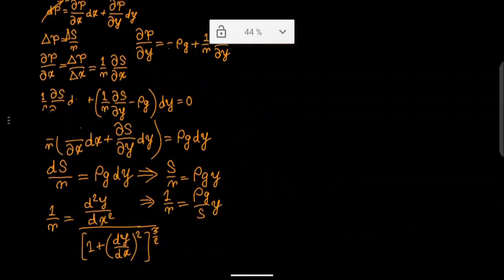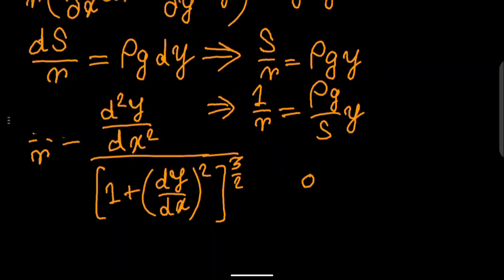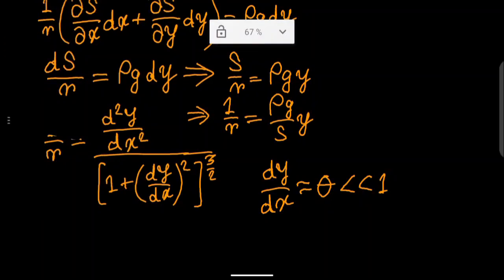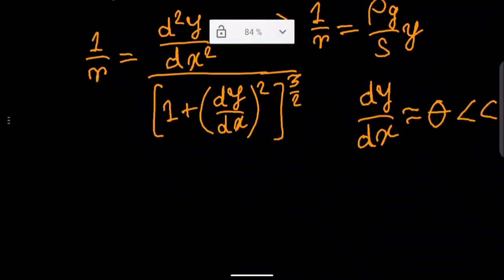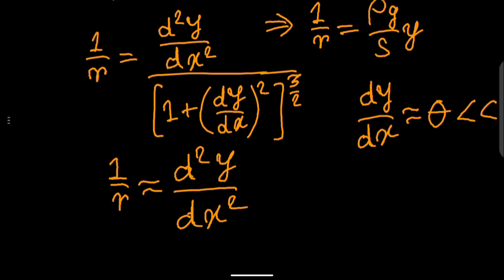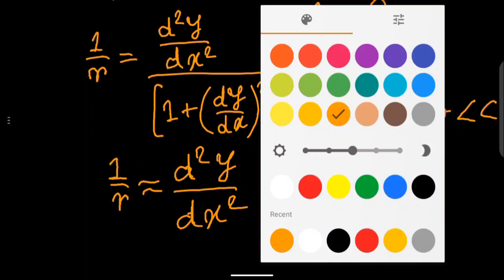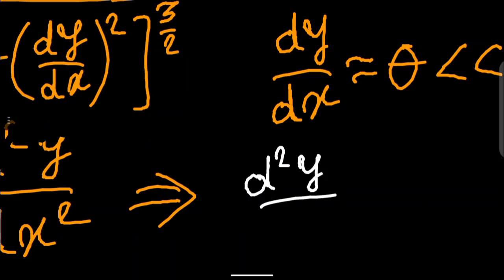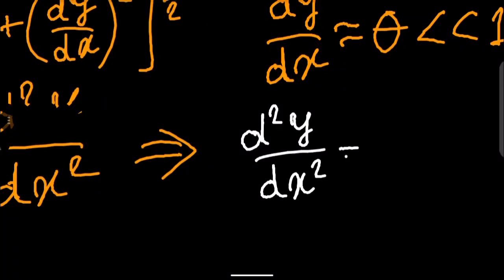So we will consider that, and as theta is very small, dy dx, which is almost equal to tan theta or theta, whatever you say, this is much less than 1. Okay, this is given in the question, if you remember. So 1 by R is approximately d2y by dx2. And hence you can directly say from here that we get our final answer, which is d2y divided by dx2 is nothing but rho g by S times y.